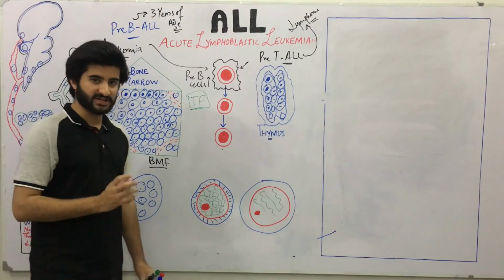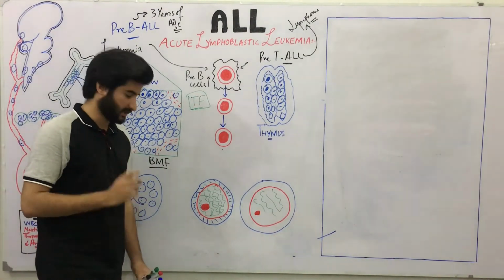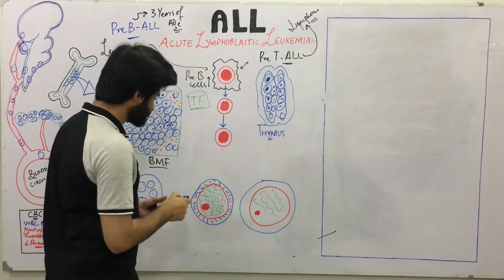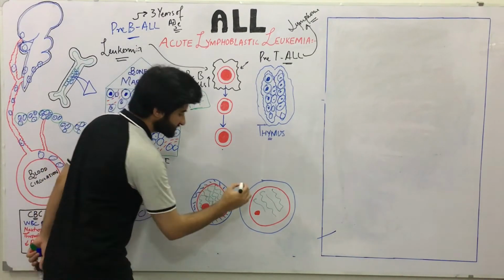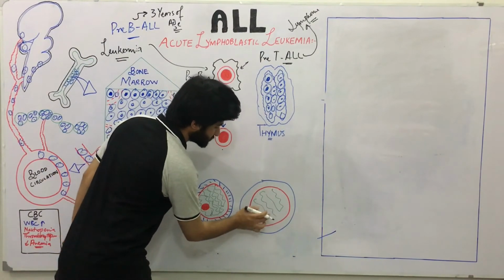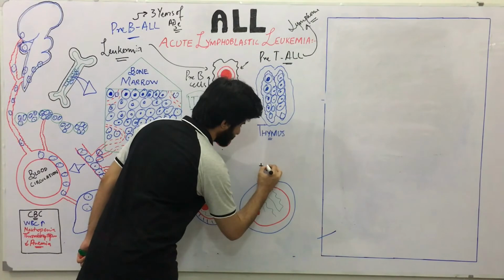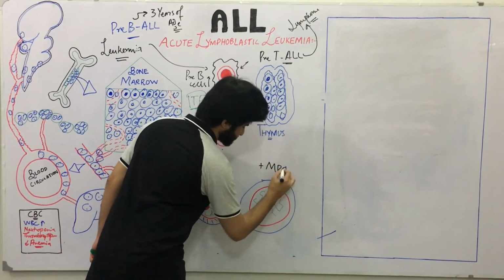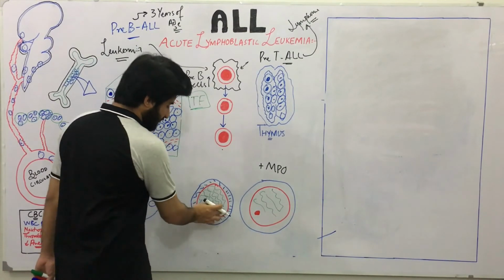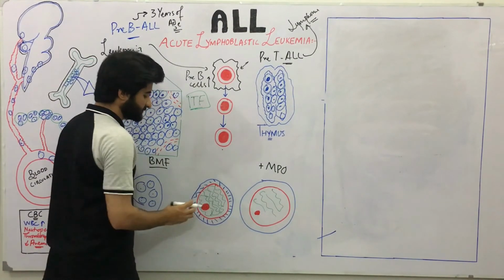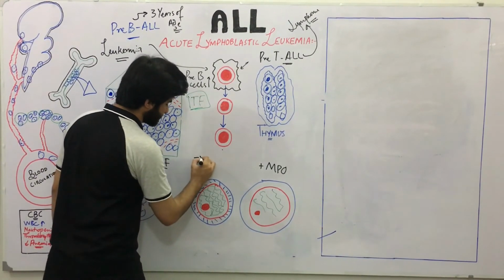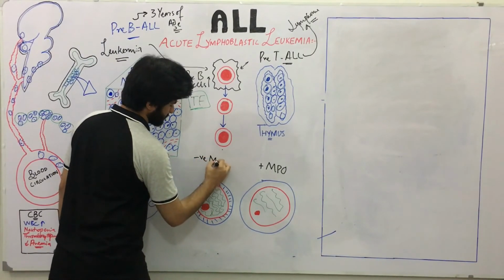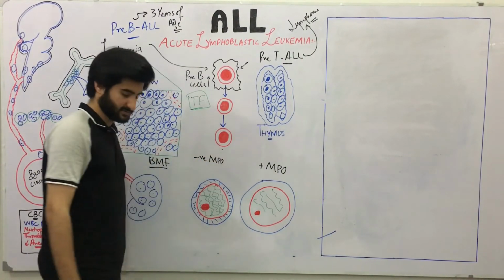We will differentiate them on the basis of staining. So what kind of staining is there? The cell of acute myeloid leukemia is positive for myeloperoxidase, MPO positive, whereas the cells of acute lymphoblastic leukemia, the lymphoblast, are negative for myeloperoxidase.